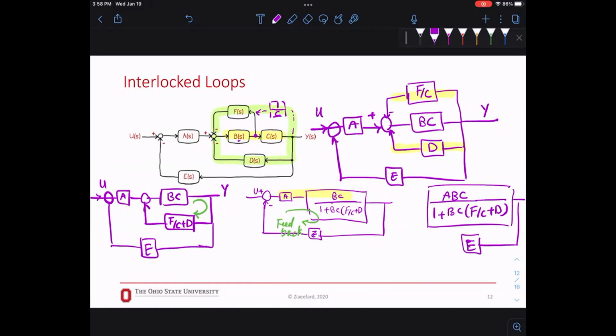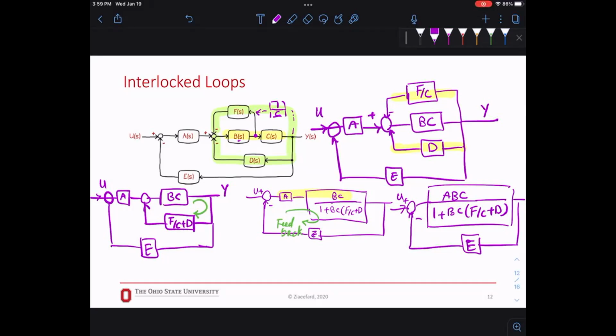It's E in the feedback loop. That's U plus minus. So now it is this gigantic block on the numerator over 1 plus the gigantic block times E, right? And you'll be done.